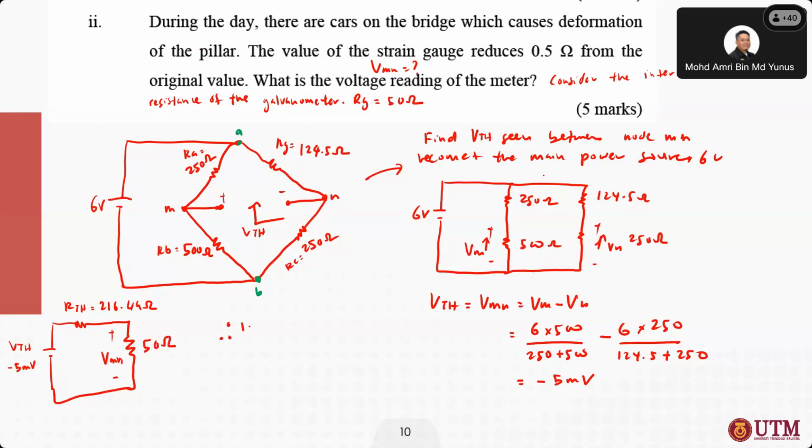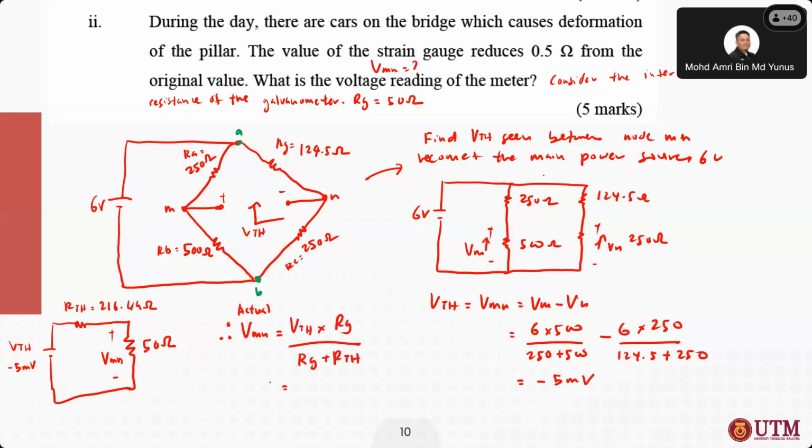Therefore, the actual VMN, considering the internal resistance of our galvanometer, will be equivalent to VTH multiplied with RG over RG plus RTH.